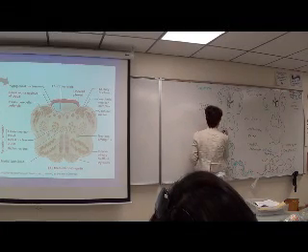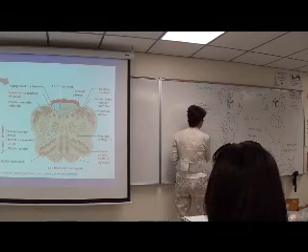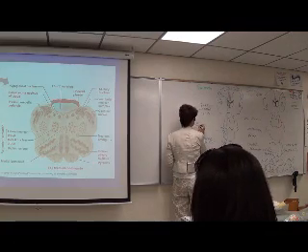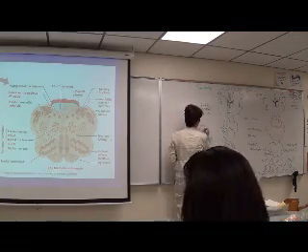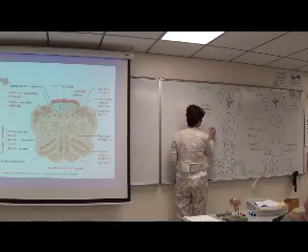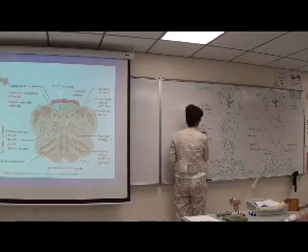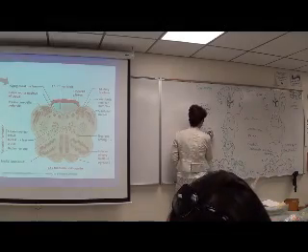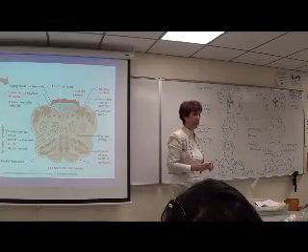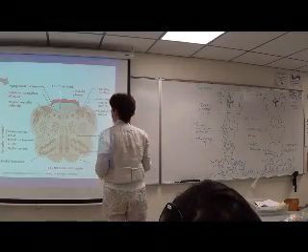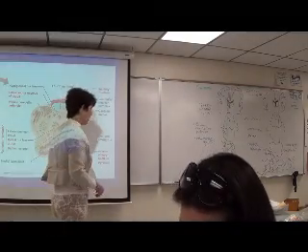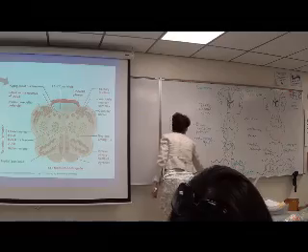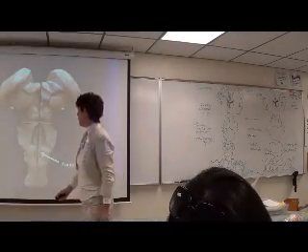We have 3 cerebellar peduncles. The inferior cerebellar peduncle is part of the medulla. It's very, very small. It is sensory. And you can see it cut in cross-section here, but that's not what I'm going to ask you to identify.